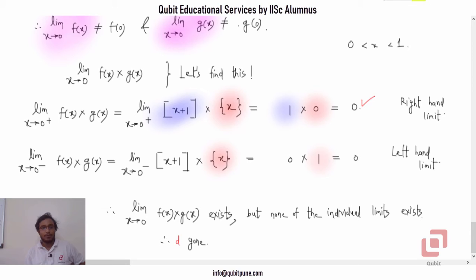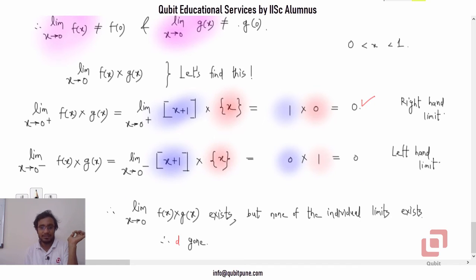And what about the limit of box x plus 1 as you approach 0 from the left? Every number there is negative, so that number when added to 1 will still be less than 1 but greater than 0. So the greatest integer less than or equal to that particular number is 0. So this is also 0.